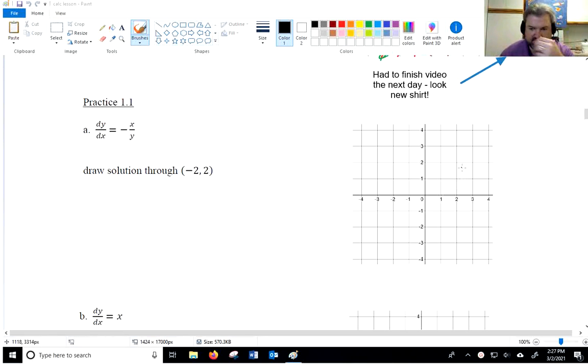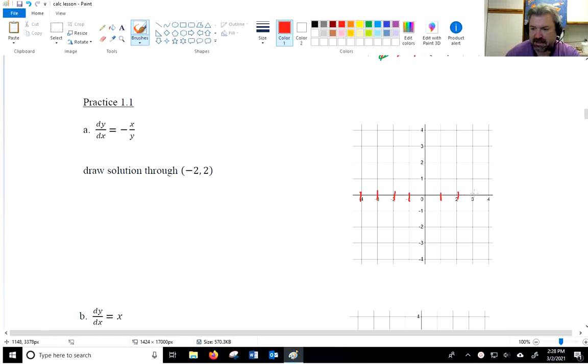Okay, so we're going to make our slope fields. And I will start by realizing that the denominator of this fraction for my slope is y. So that means that whenever the y value is 0, my slope is going to be undefined. Or more specifically, whenever the x value is not 0 and the y value is 0, I'll have a vertical slope.